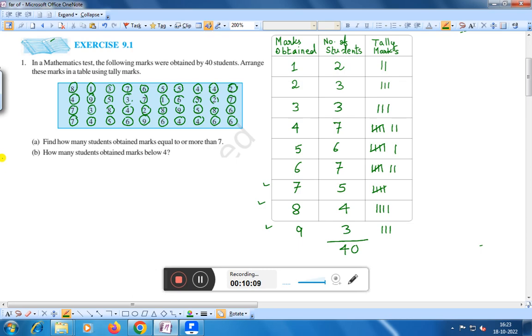Therefore, the answer of A is 5 plus 4 plus 3. 5 plus 4 is 9 plus 3 is 12 students.